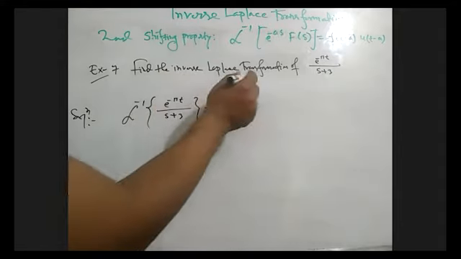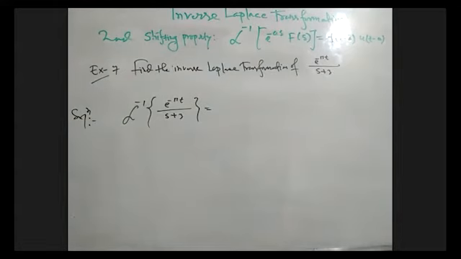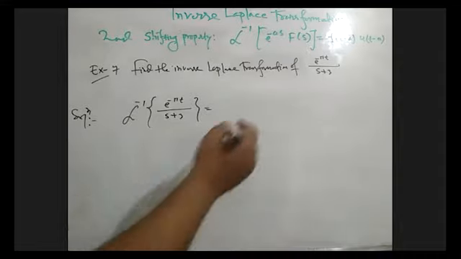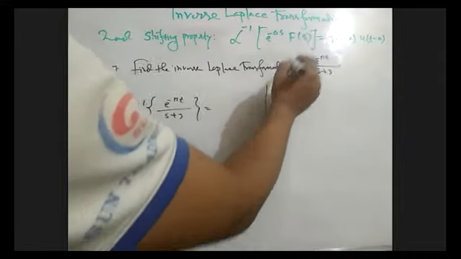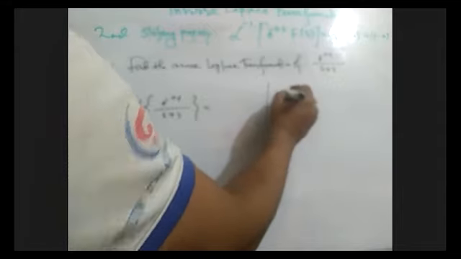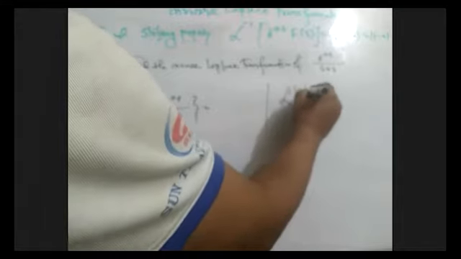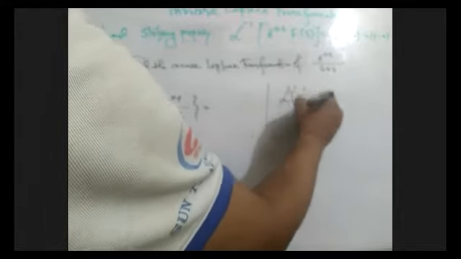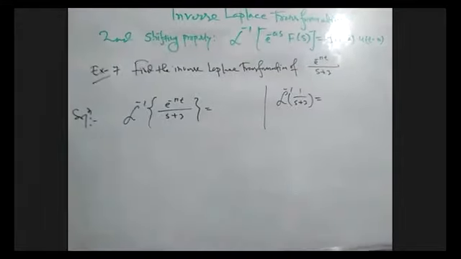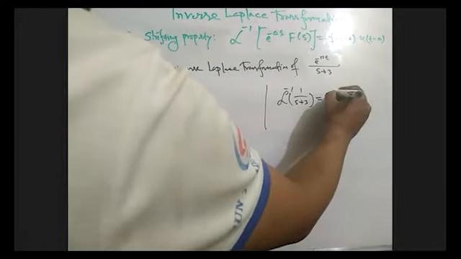Find the inverse Laplace transformation of e to the power minus pi s divided by s plus 3. So how can we find this? Now first we need the original function: the inverse Laplace transformation of 1 by (s plus 3), which can be written as e to the power minus 3t.